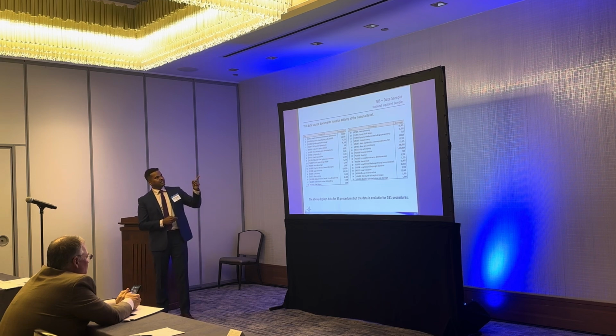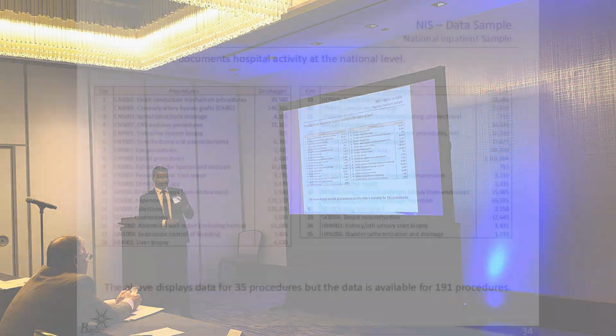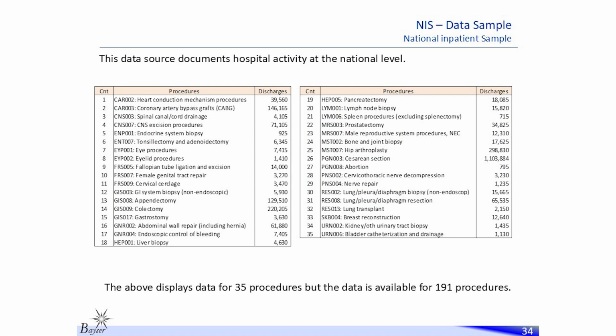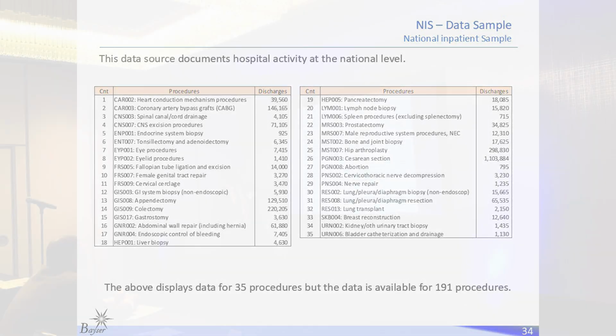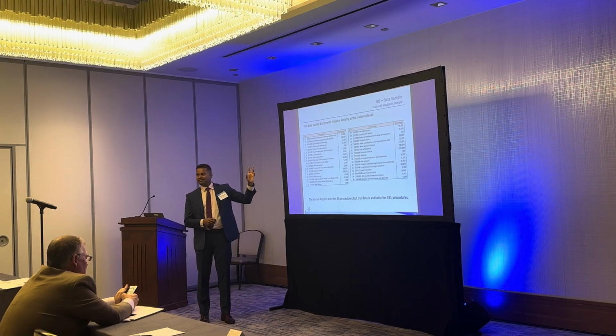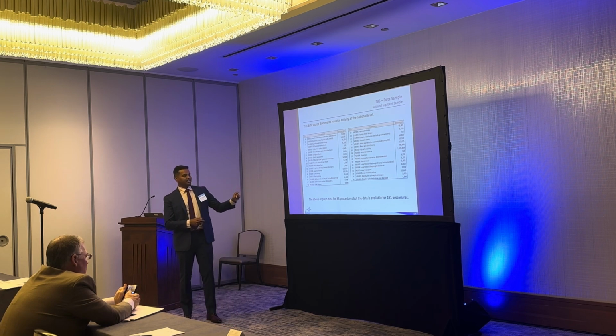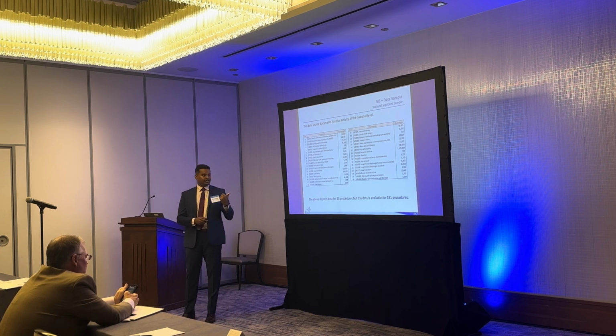So within the national inpatient sample, we call it the NIS, they're beautifully categorized into ENT, right? And then female reproductive system, GIS, urinary, and then lymphoma, hepatitis related, and they give the number of discharges. And this is actually a list of like 191 procedures.